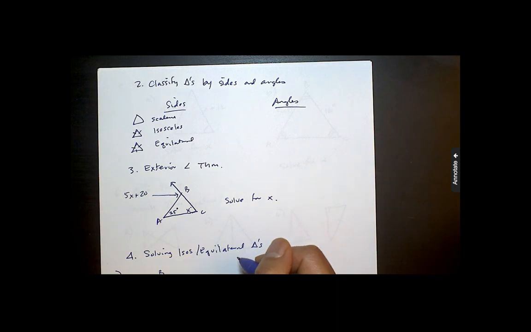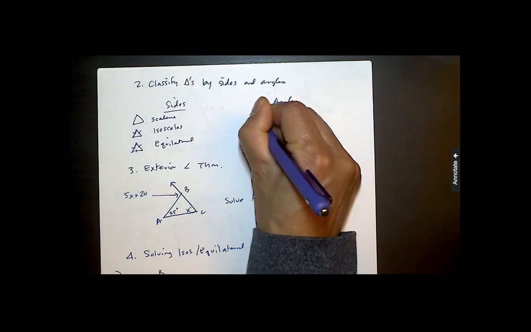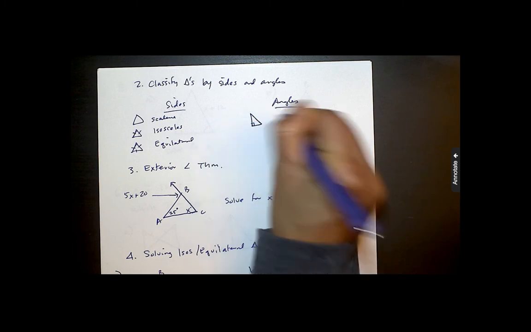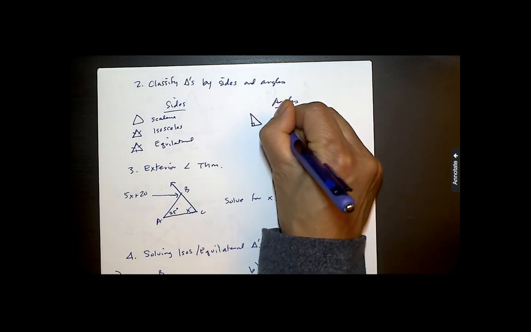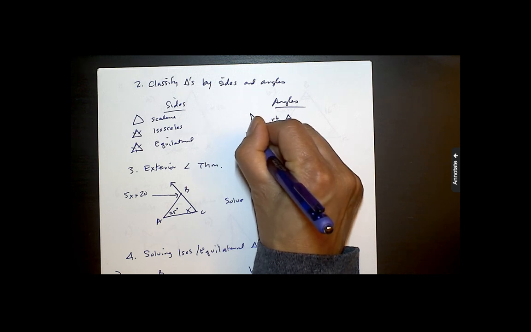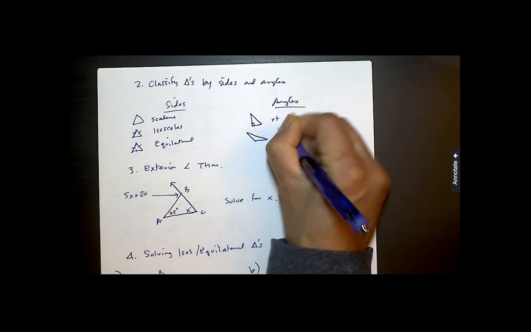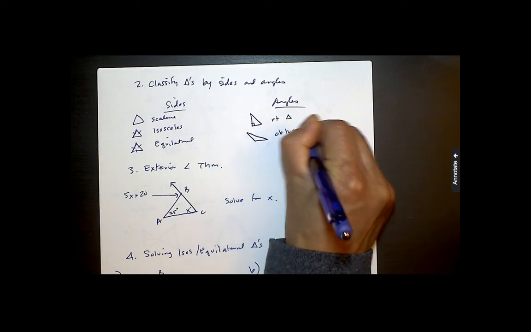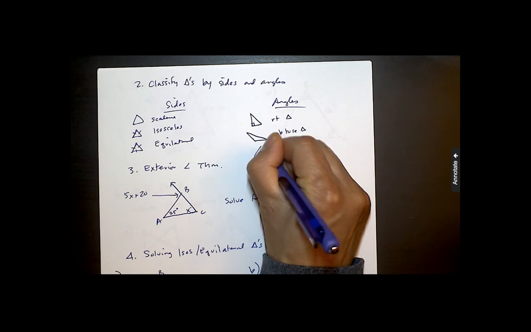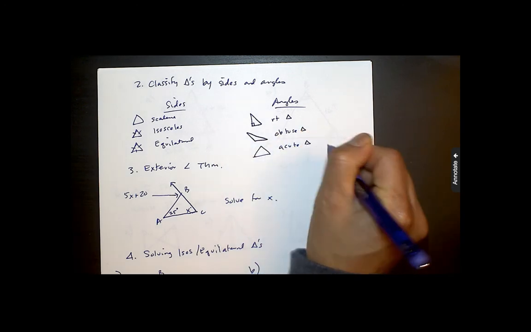What about by its angles? I always just start with a 90-degree angle. So if a triangle has one 90-degree angle in it, it's called a right triangle. Okay. If it has an obtuse angle, it's called an obtuse triangle. If all 3 angles are acute, it's called an acute triangle.